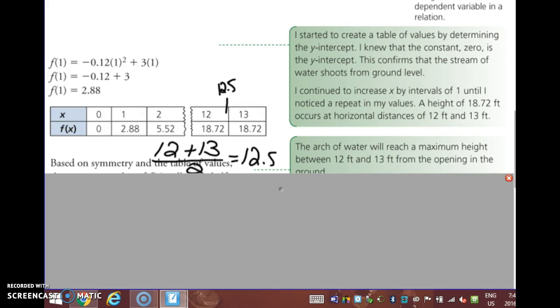When it's traveled 12.5 feet, then we will be able to find out what its maximum height is. So we'll take the original equation again, and we will use the 12.5 in it to see what the maximum height is when it is at 12.5 feet across.